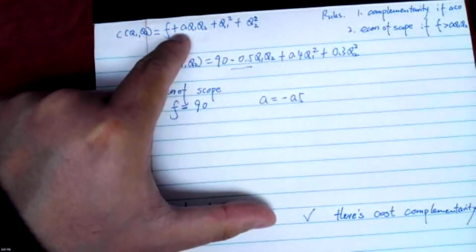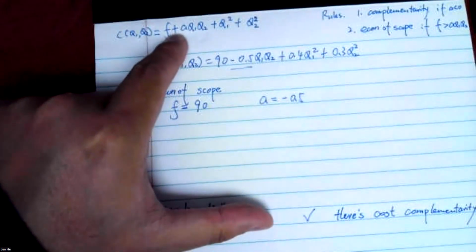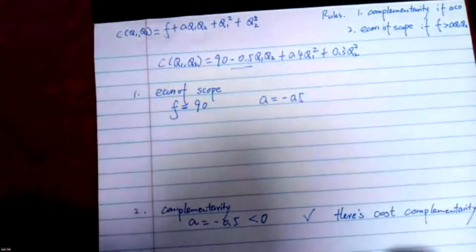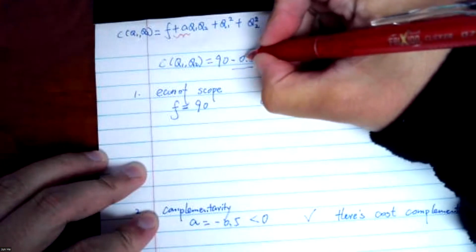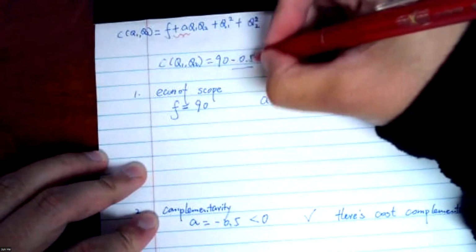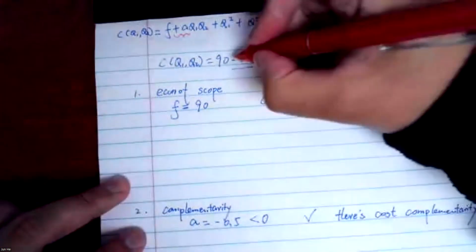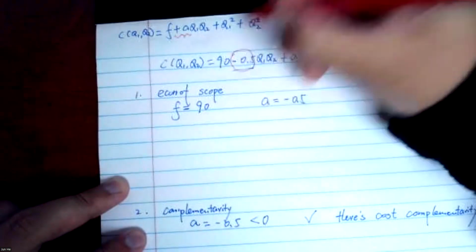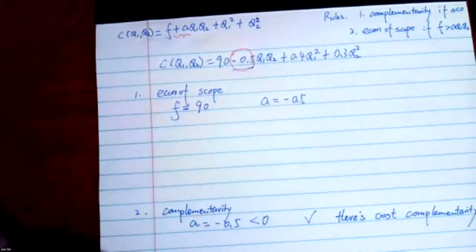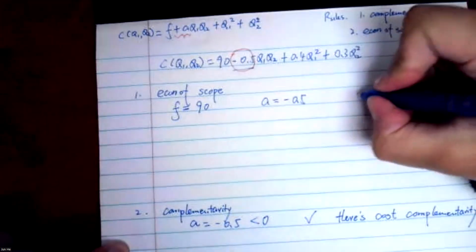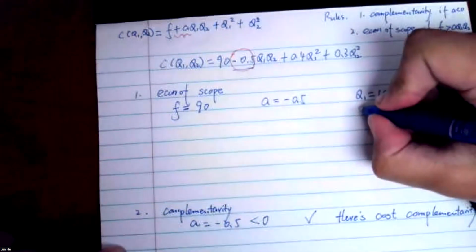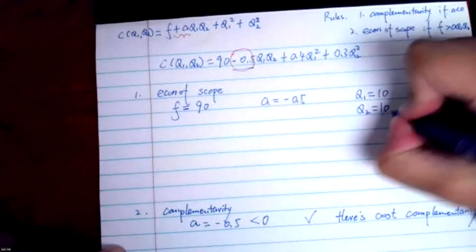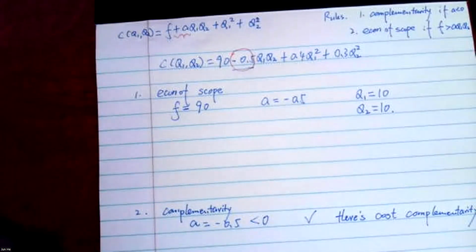Don't forget the minus sign, because in the original expression it is plus A. The question also tells you Q1 equals 10 and Q2 also equals 10.